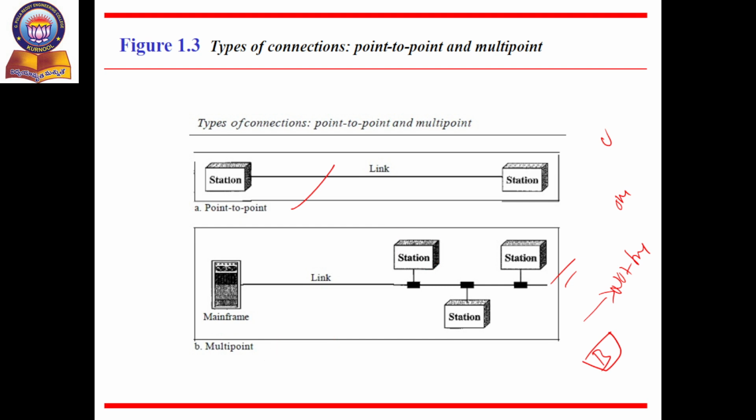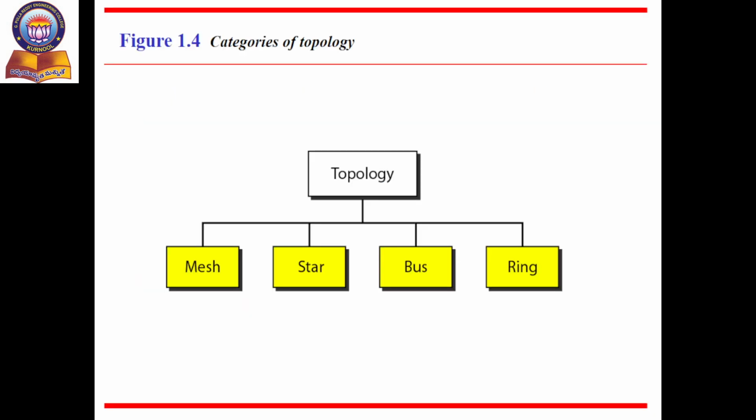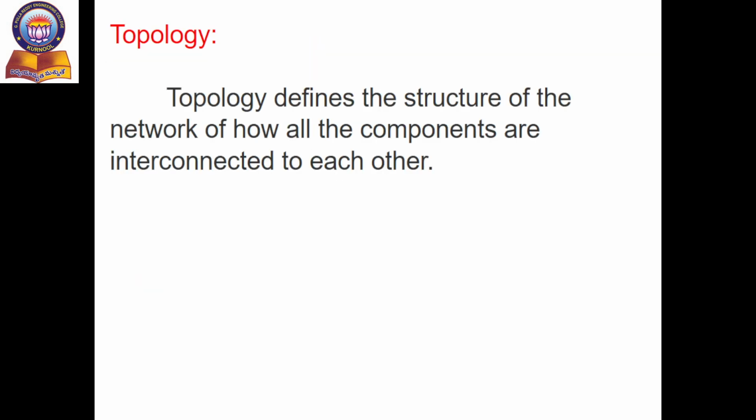So now we'll go to the next topic, that is topology. There is a very important concept here. Topology. What is topology? One of the most important concepts inside the network.